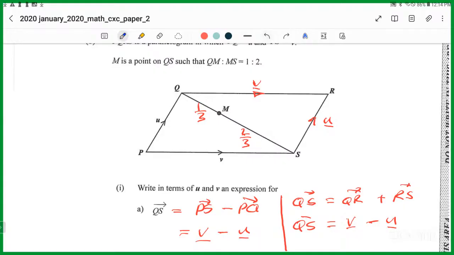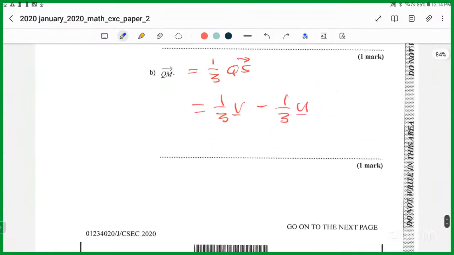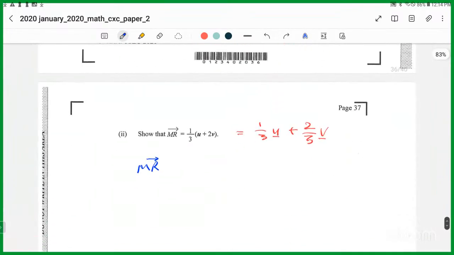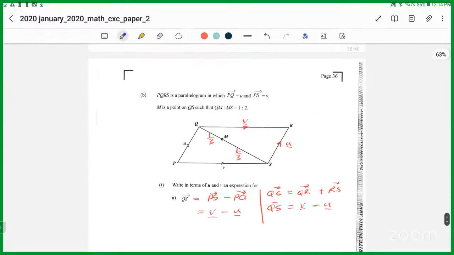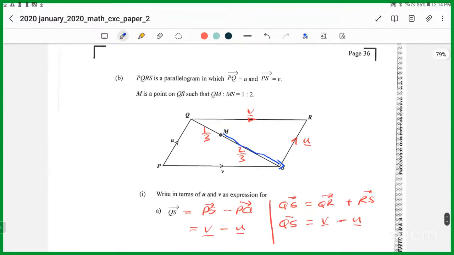Alright, but let's do it. So let's write it out down there. Let's do it 2 ways. Alright, so we're working on MR 2 ways. I'm going to put this over more to the left. So to go from M to R is same as going from M to S and then S to R. Let's confirm that's what we said. Right, we're going from M to S and then S to R. Now, the M to S right here is 2/3 of QS.